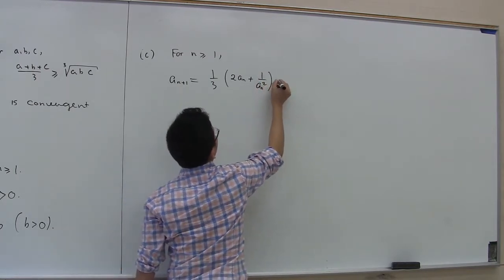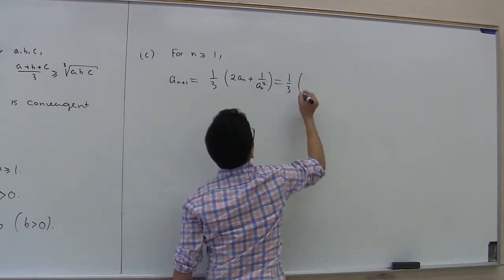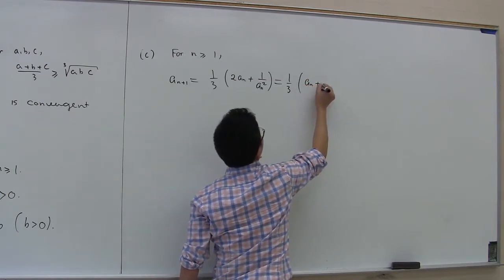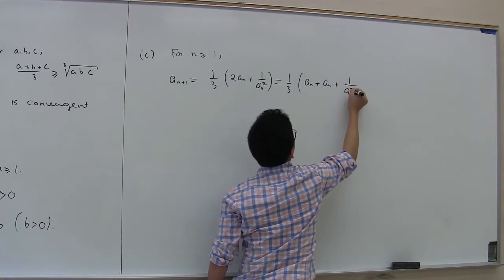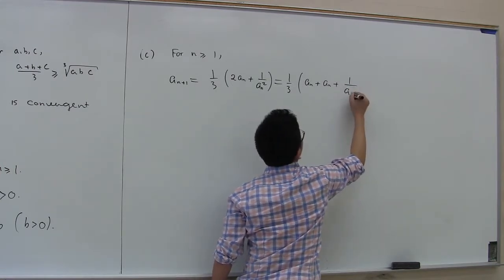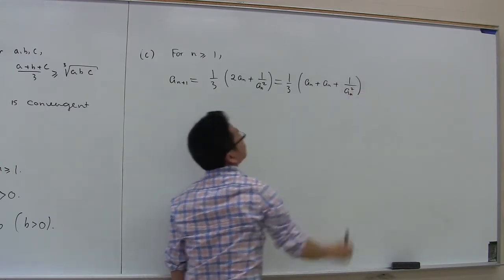So this is equal to 1/3 of (an plus an plus 1 over an squared). Okay?